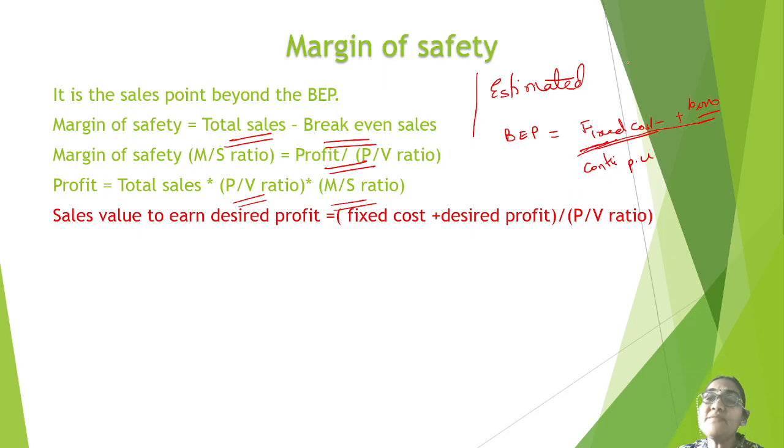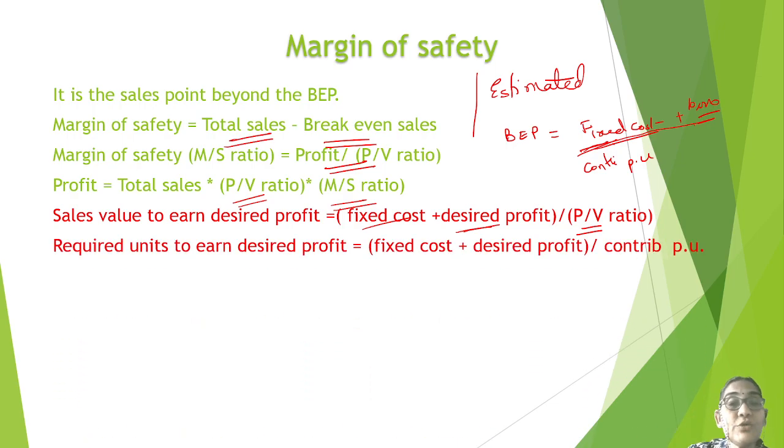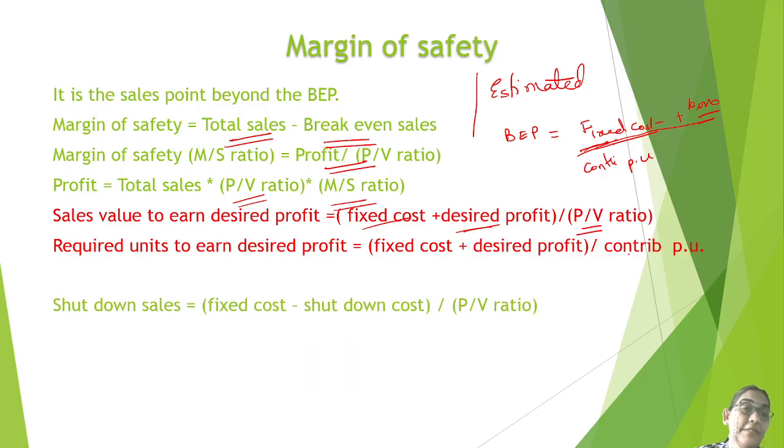The formula here is very simple. You not only need to recover your fixed cost, but you also need to earn 10,000. So the formula is fixed cost plus desired profit divided by contribution per unit to get the quantity, or if you divide it by the PV ratio, you will get the sales in amount. Required units to earn the desired profit is again fixed cost plus desired profit divided by contribution per unit.